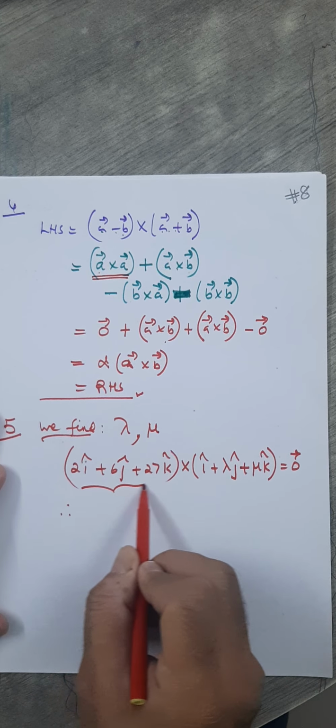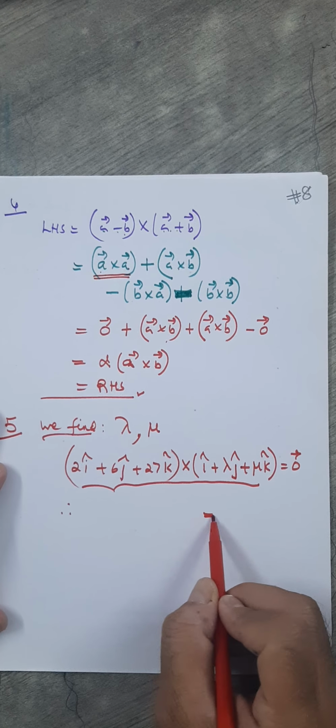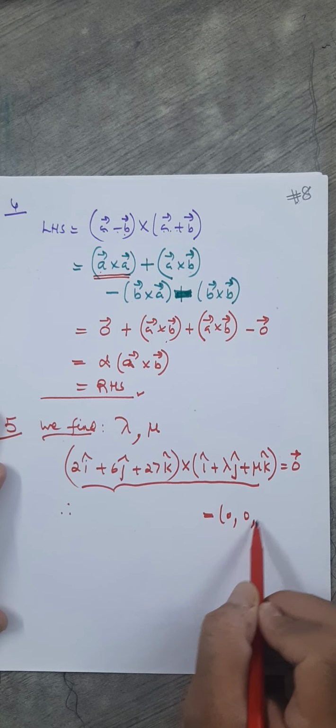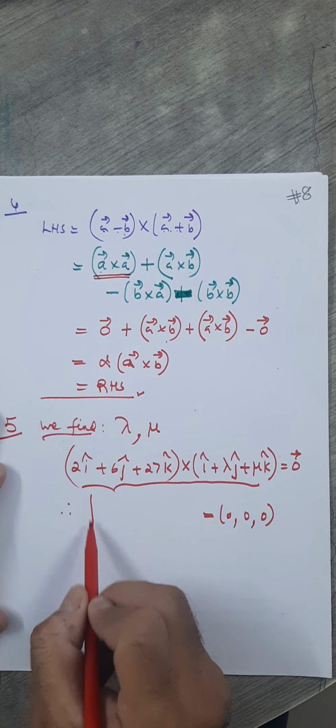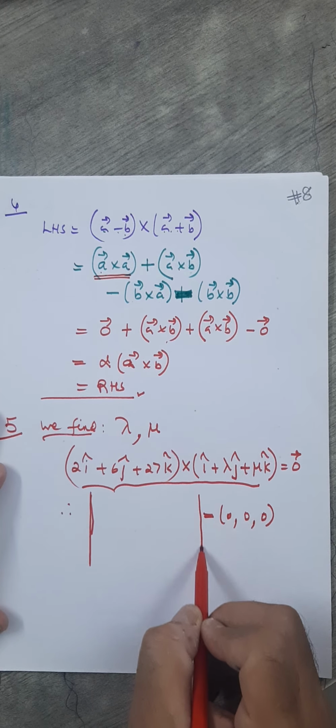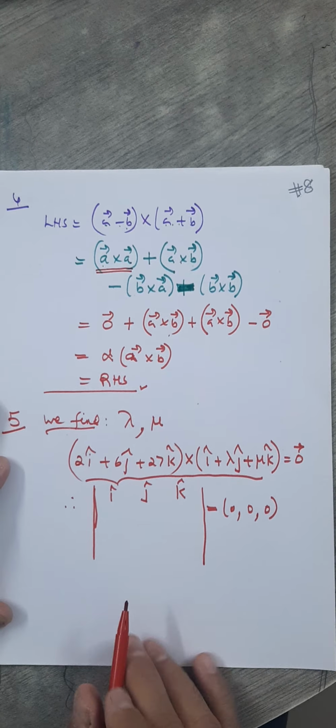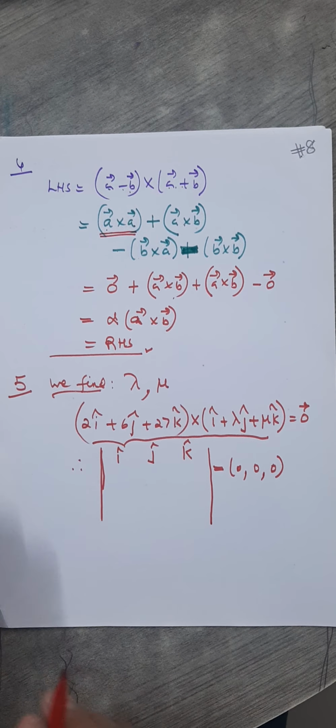I'll write the cross product of these two. What is the RHS? That is 0 comma 0 comma 0. Here it's this determinant, you know. Which determinant? i, j, k. It is the determinant i, j, k. What's the second row here?